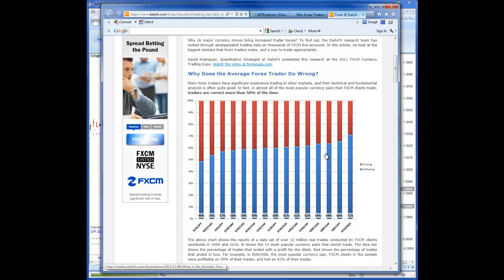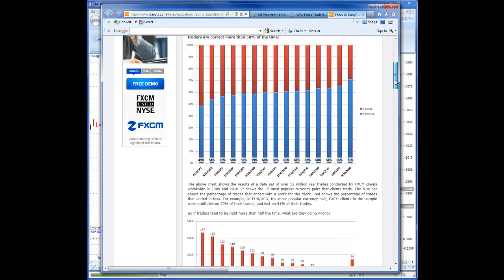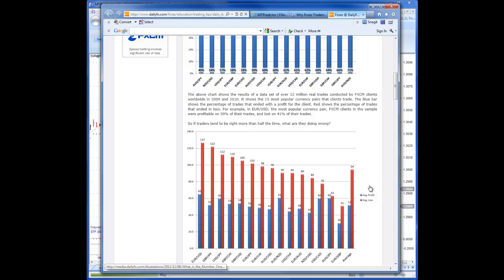The reason they lost money was because their average profit, which is the blue lines here on each of these markets, was a lot less than the average loss. You can see on average, for example here, their loss was $127 on the euro US dollar, and their profit was only $65. So every $65 they won, they lost $127.